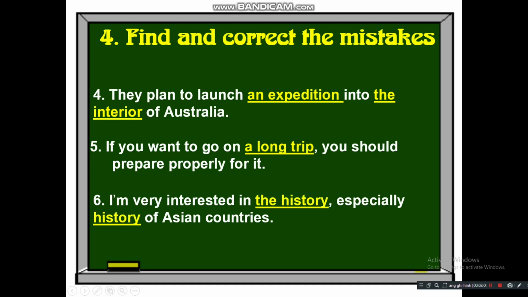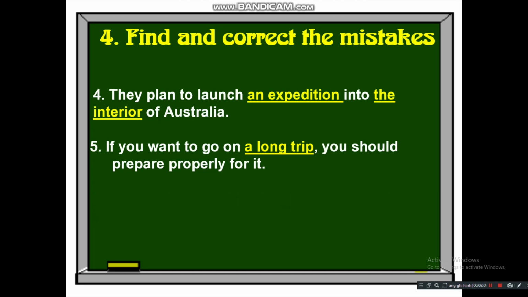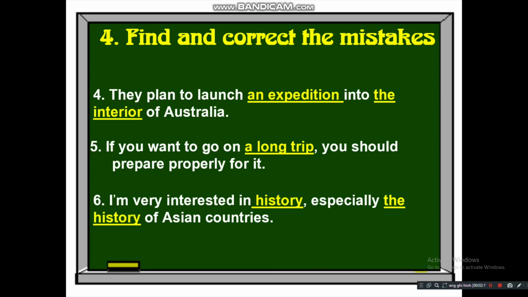Number 6, I'm very interested in the history, not history, especially history of Asian countries. So there's a mix-up here, so you should swap it, and the correct answer is I'm very interested in history, especially the history of Asian countries.